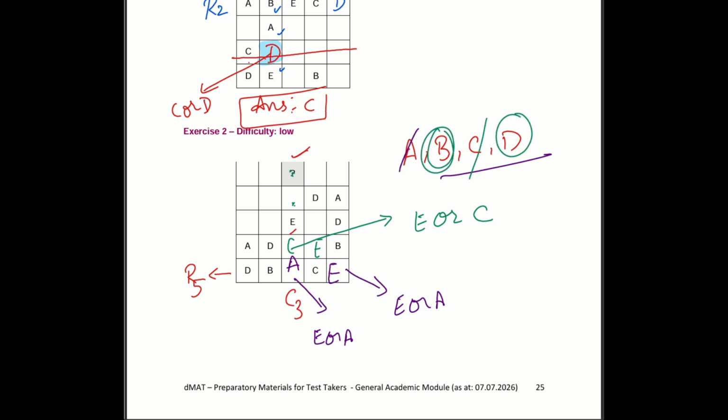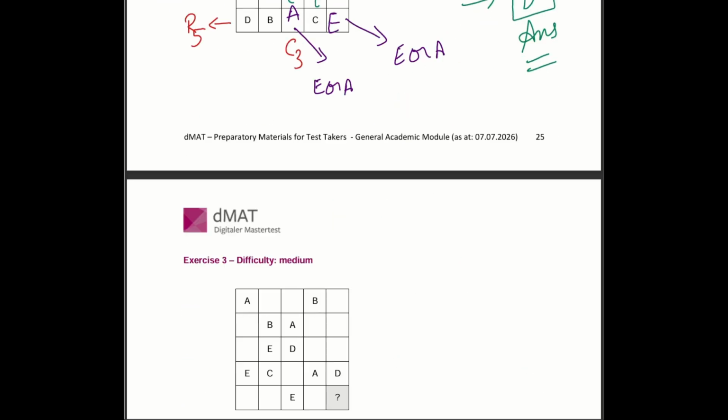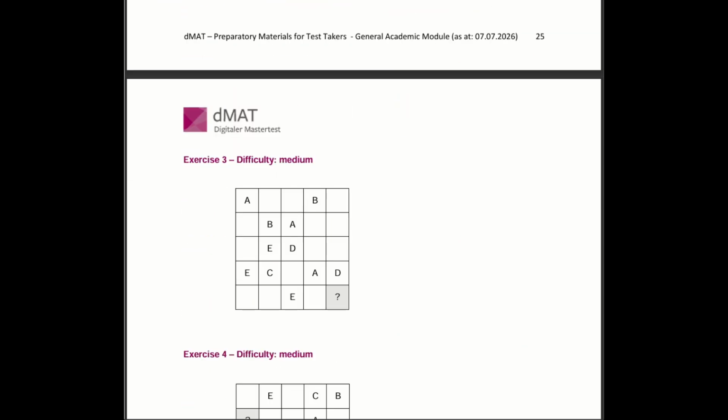C is also eliminated. We have only two possible choices left for these two boxes, B or D. If we take D here, D would be repeated again. So here the answer would be B and this option would be D. So the answer for this question is D. Those are the possibilities that you have to cover. Now move to the next question here.